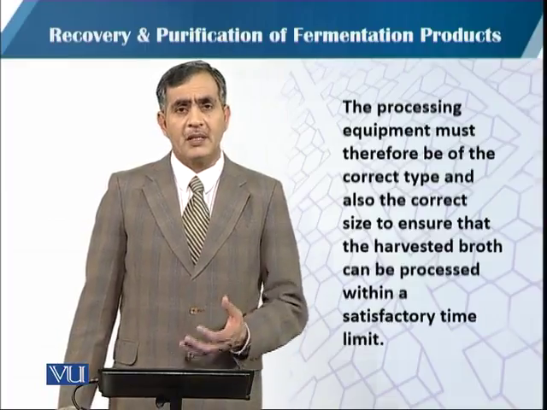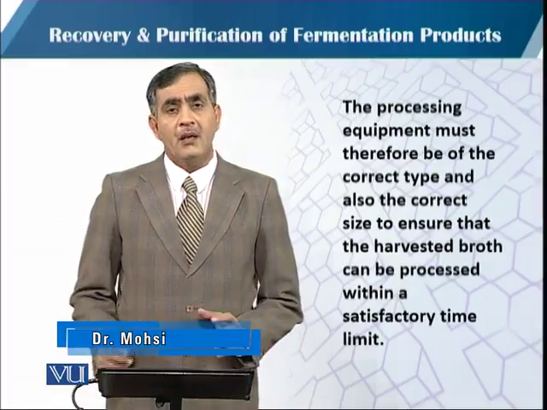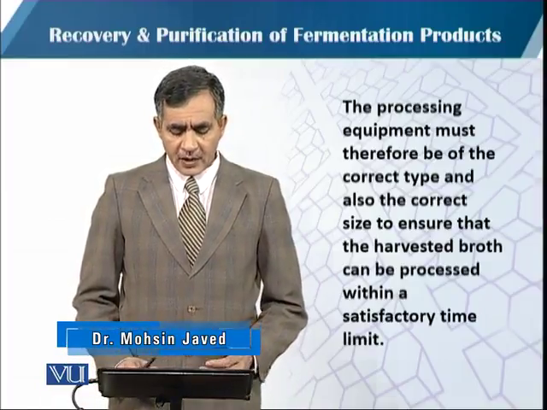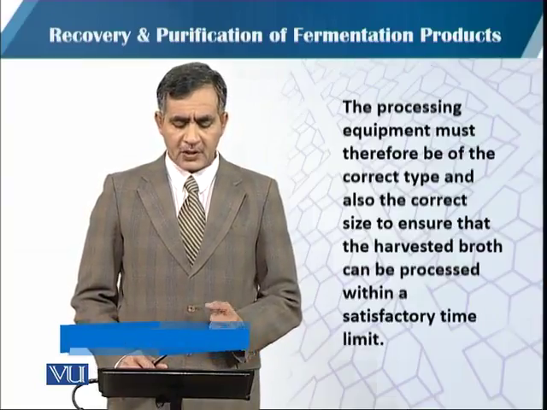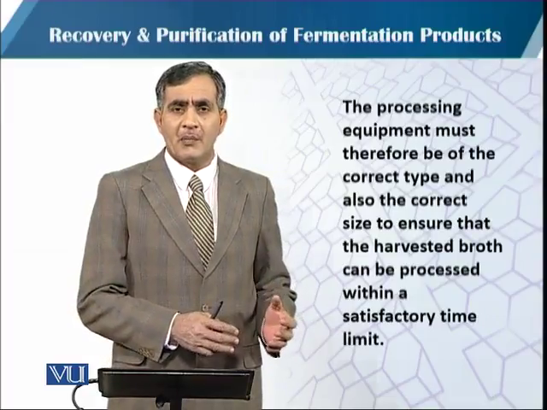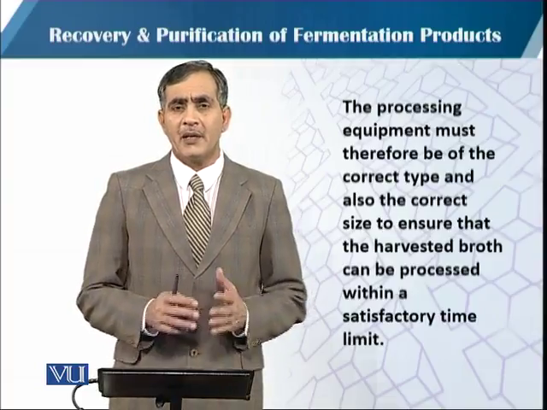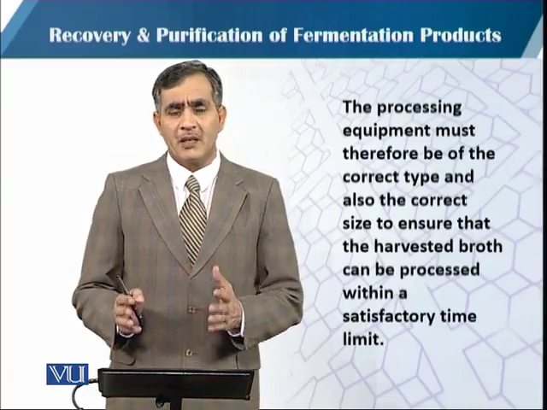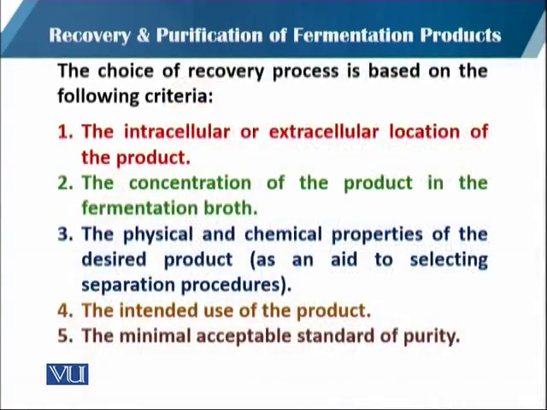The processing equipment must be of the correct type and also the correct size to ensure the harvest broth can be processed within a satisfactory time. So the selection of the equipment and its size should be according to the fermentation capacity and fermentation volume. So the choice of the recovery process is based on these criteria.